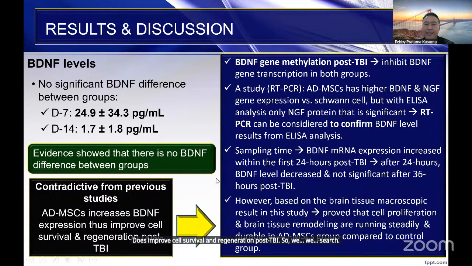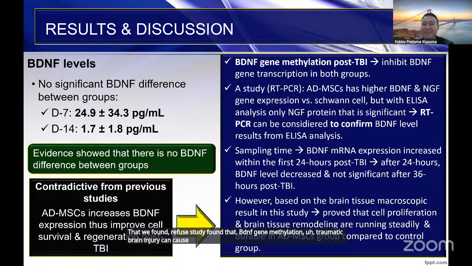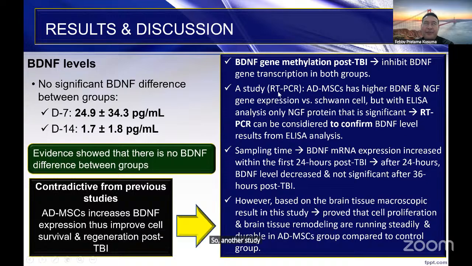So we searched, and we found a previous study showing that traumatic brain injury can cause BDNF gene methylation post-TBI, which in turn will inhibit BDNF gene transcription in both groups. Another study analyzed the level of BDNF and NGF through RT-PCR.